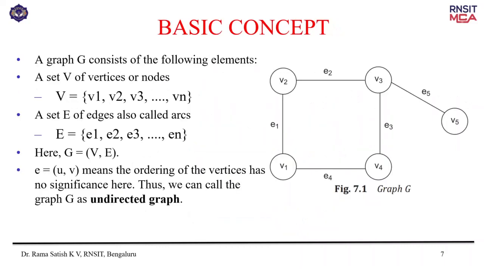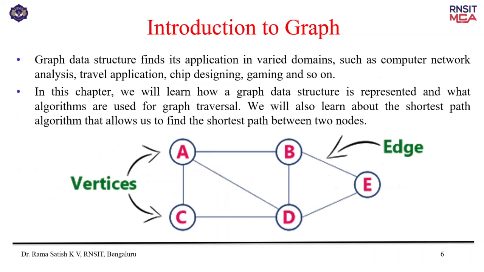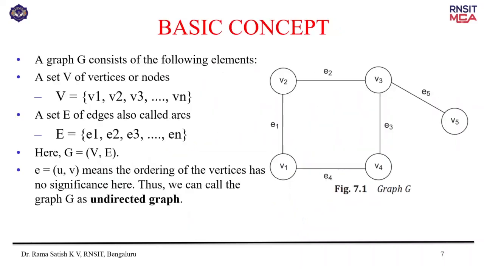Basically, a graph is nothing but a set of vertices and edges. In the previous slide, we discussed that the nodes are called vertices and the interconnecting lines between the vertices we call edges.